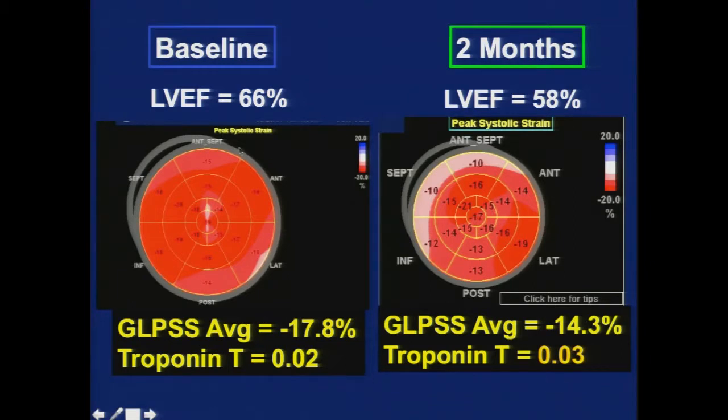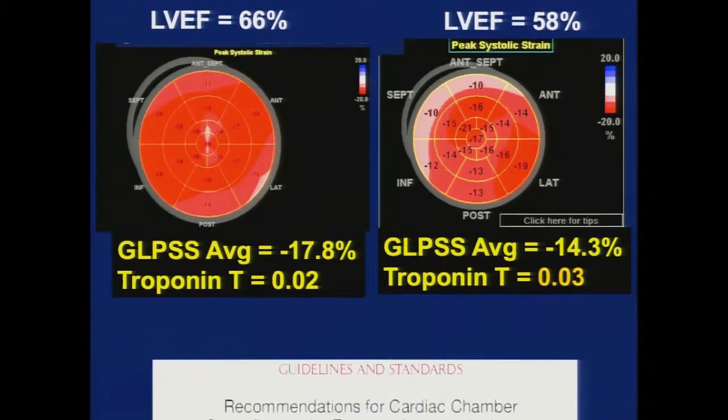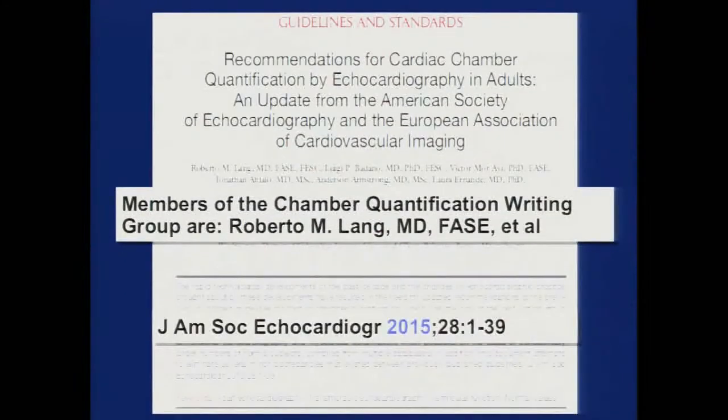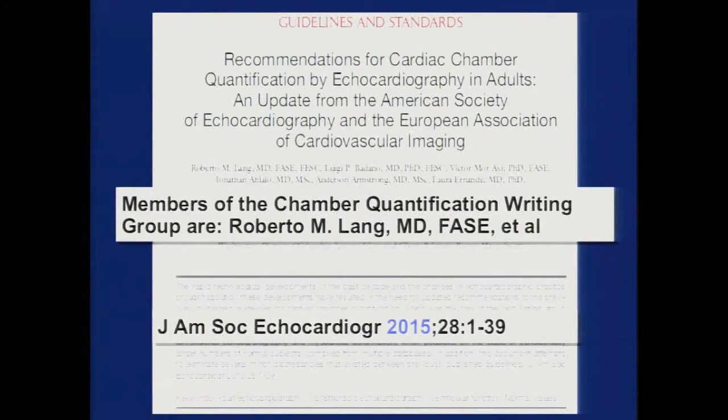I want to spend a few moments and just take a sidetrack here about what's this parameter, global longitudinal peak systolic strain, because that's probably what they're going to talk about in the board exams, because it's really what we're using most frequently clinically. And if we look at this chamber quantification document published in January of this year, what do they say?